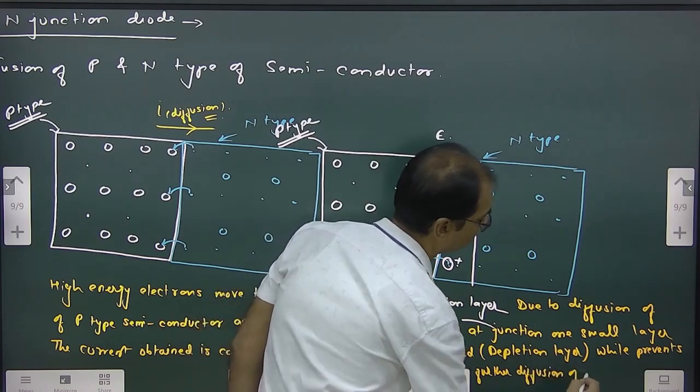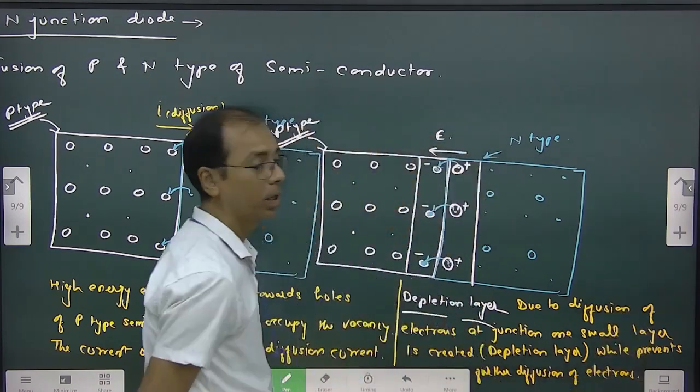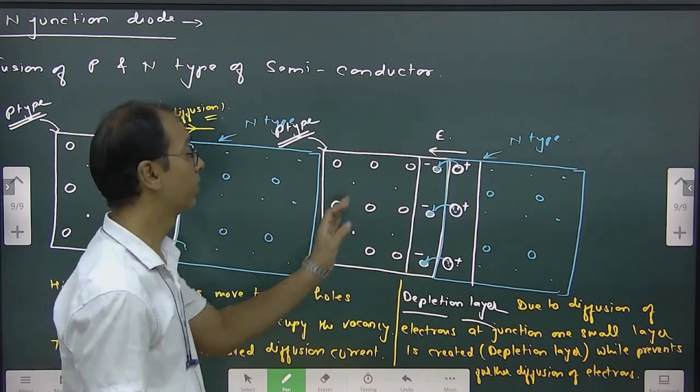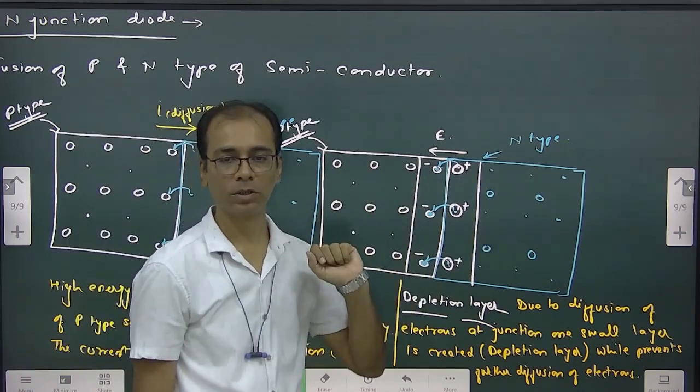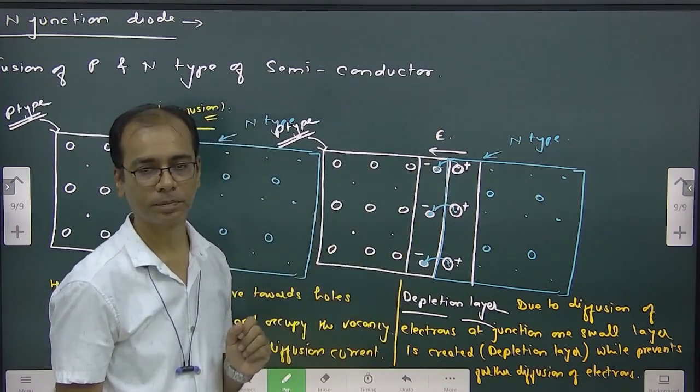Why does it do so? Because there is an electric field, and this electric field applies force on these electrons in the opposite direction and on these holes in this direction. So further diffusion is not possible.